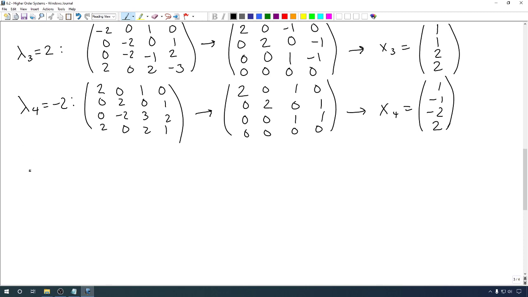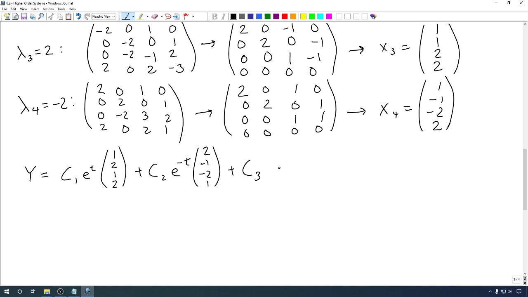So, what is our y? Remember, we're going to take c1 times e to the lambda t times x1. So we have c1. Our first lambda is 1, so we have e to the t. Our first eigenvector was 1, 2, 1, 2. We have c2, e to our second lambda was -1. Our second eigenvector was 2, -1, -2, 1.